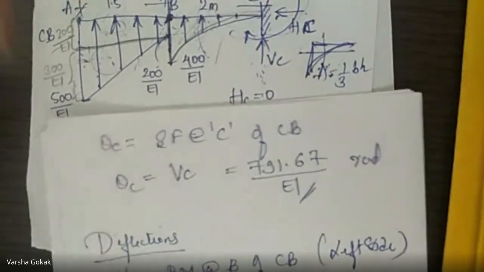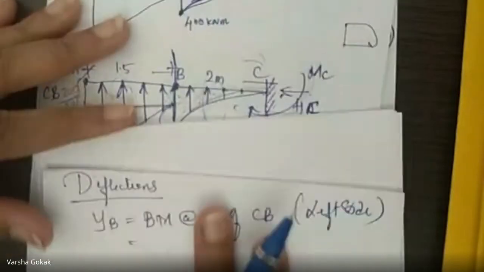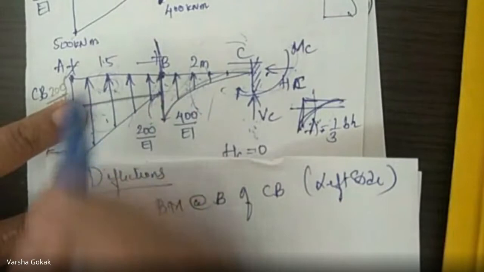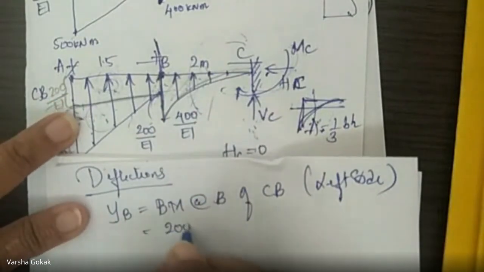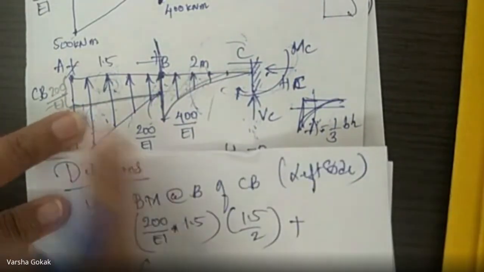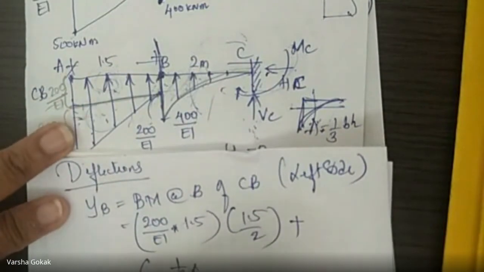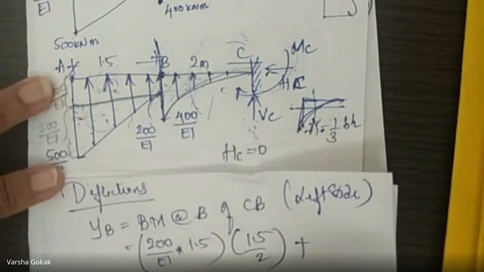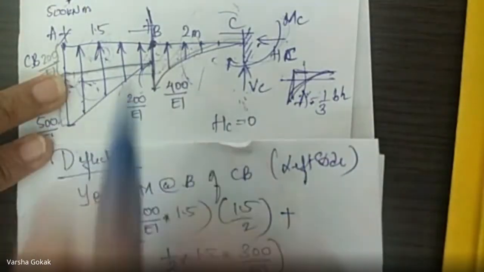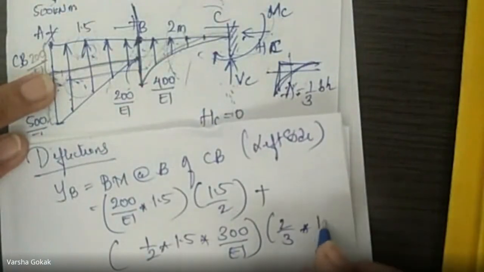So I'll write that. The diagram is visible. I'll just fold this so that the diagram is also visible when I write. First the rectangle, that is 200 by EI into 1.5. CG is what? 1.5 by 2. Correct? And we have a triangle. Triangle is half base into height, 300 by EI. CG of this triangle is what? I want moment here, so this distance, that is 2/3 of 1.5.